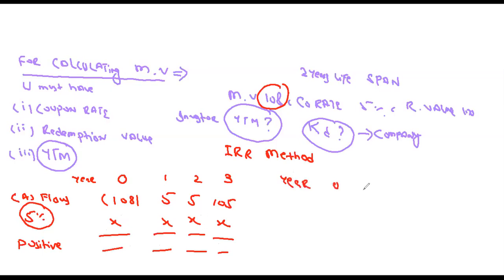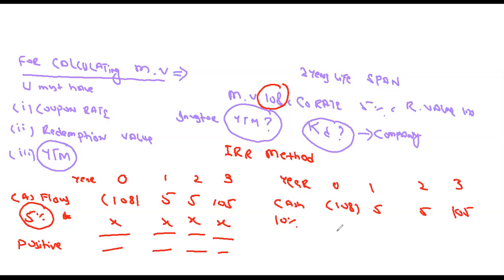Year 0, 1, 2, 3, but now cash flows will be again the same 108, 5, 5, 105. But the discount factor, now we will choose 10%, because if at 5% the NPV is positive, we will extrapolate at 10%.